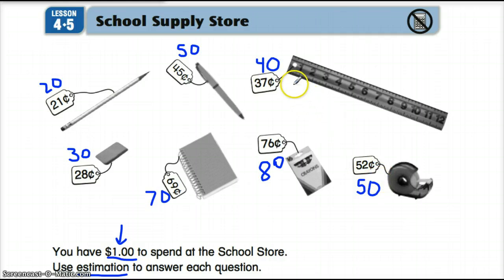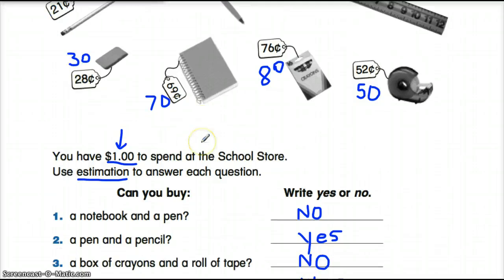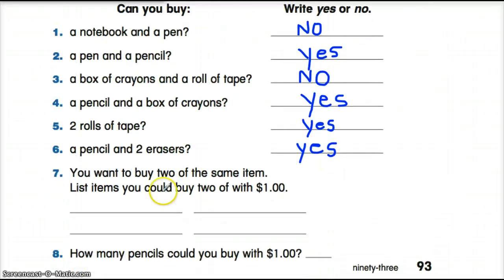What else could you buy 2 of and have enough money? 40 plus 40, would that work? 80 plus 80, could you buy 2 of those? 70 plus 70, 50 plus 50, 20 plus 20, 30 plus 30. If you need some time here, you should press pause on the video to write your 4 items on these 4 lines. Go ahead and press pause now.